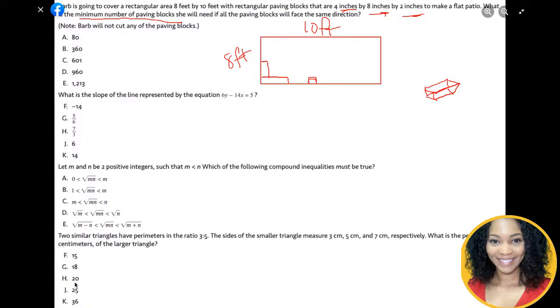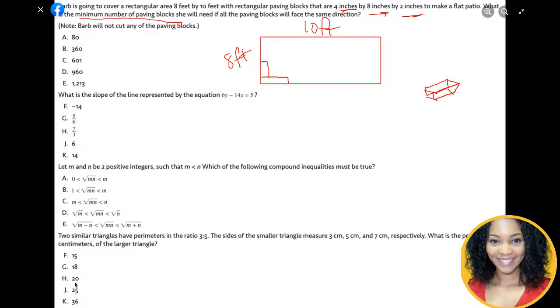Now, if we want the minimum amount, then that means we want them to face where they are going to take up the biggest space, right? We want the minimum amount of blocks. So that means we want the blocks to be all facing in the direction where they will take up the most amount of space.